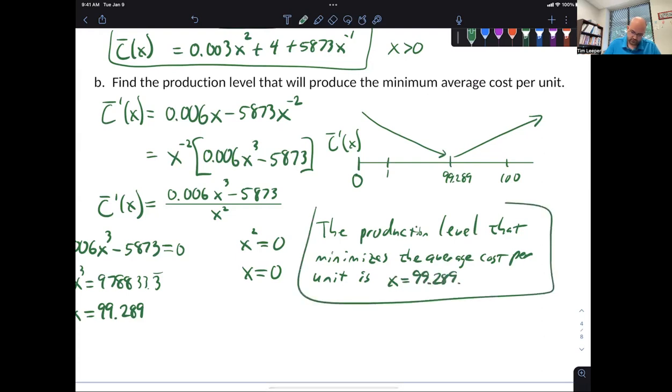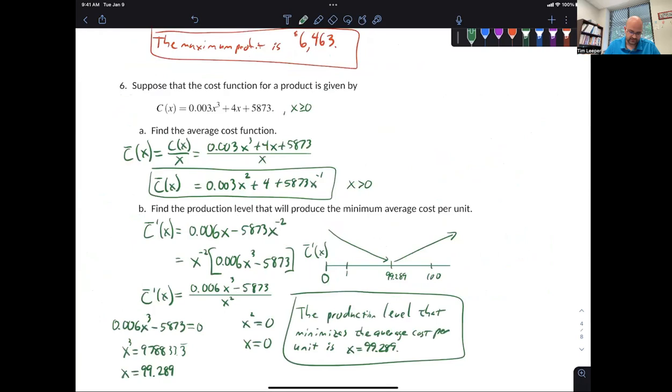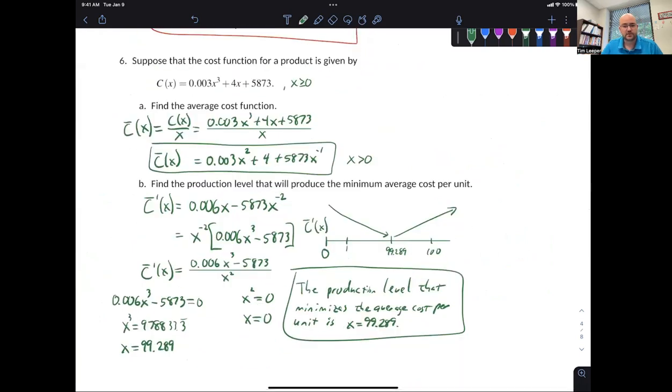I'm not going to assume that's in hundreds or thousands or anything, because it doesn't really say. So I'm just going to leave it as x equals 99.289. If it's whole units, technically we'd probably have to go to 99 or 100, depending on the situation. But mathematically, there it is. And there you go. That is example 6 for review 3. Have fun.